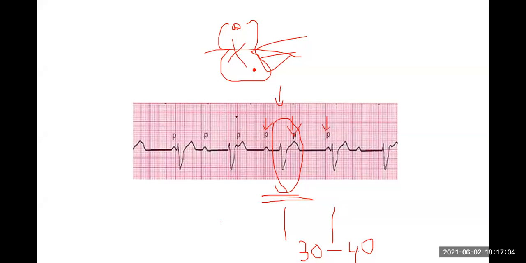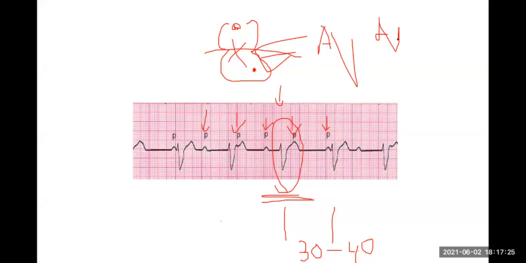It doesn't know what is happening below. It also comes at regular intervals, and there is AV dissociation. The P wave and the QRS have no relationship. The top works however it likes, and the bottom works however it likes. Right? No relationship.